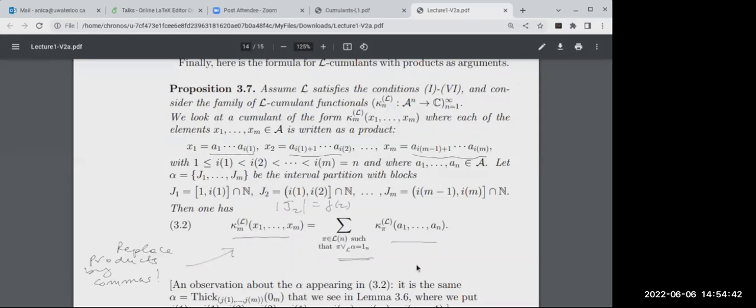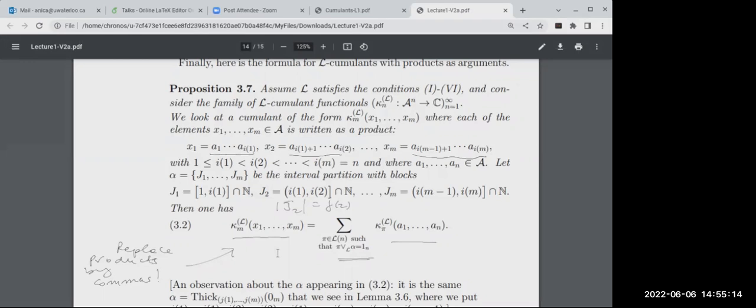This is extremely useful, because for instance the a's could be some generators of the algebra, picked from a finite set of generators, while the x's are general elements of that algebra, general products of generators. So this is a very important formula, because it's telling you exactly what is the combinatorial structure which is being used for the description of this passage.